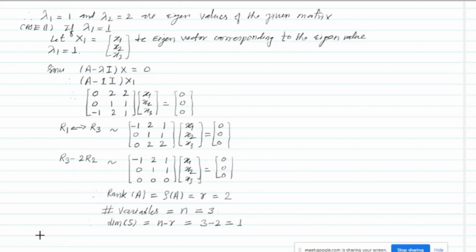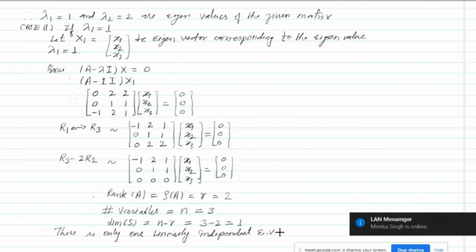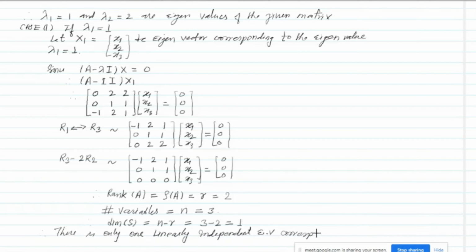Therefore there is only one linearly independent eigenvector corresponding to eigenvalue lambda 1 equal to 1.